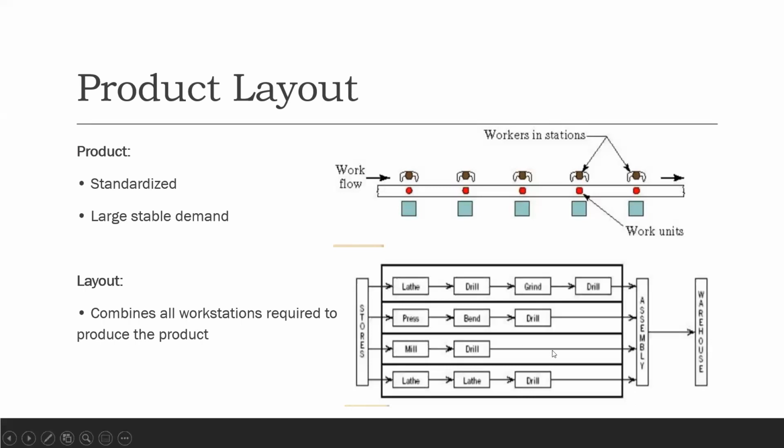Hindi naman pwedeng i-transfer. So ang mangyayari, halimbawa, nasira yung drilling, pupunta siya dun sa isang line, tapos gagamitin siya, babalik siya dito sa line 1. So, which is ayaw nating mangyari kasi nagkakaroon ng obstruction yung other product lines.